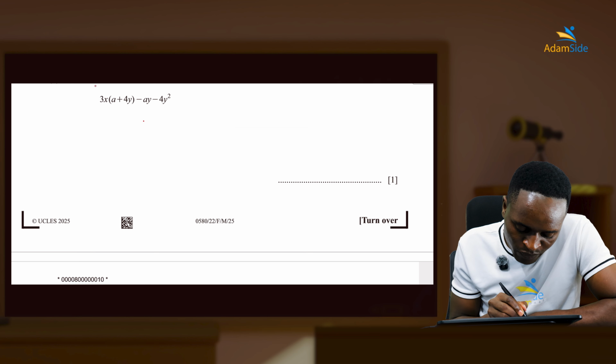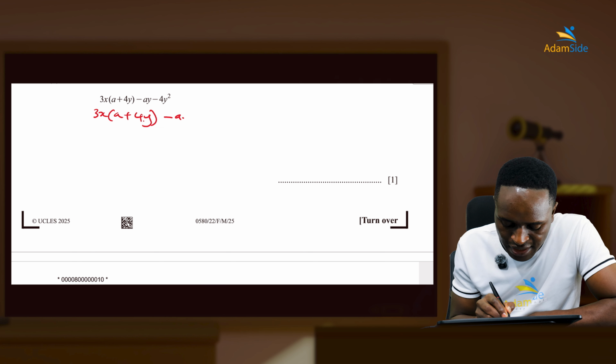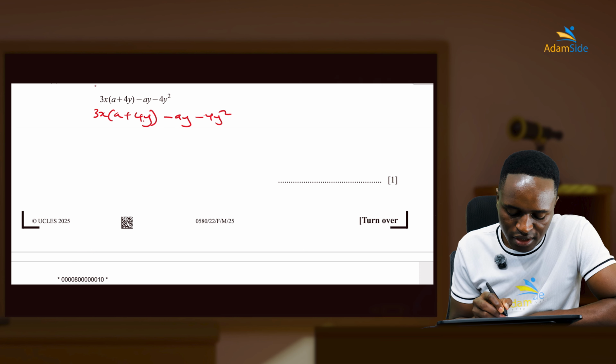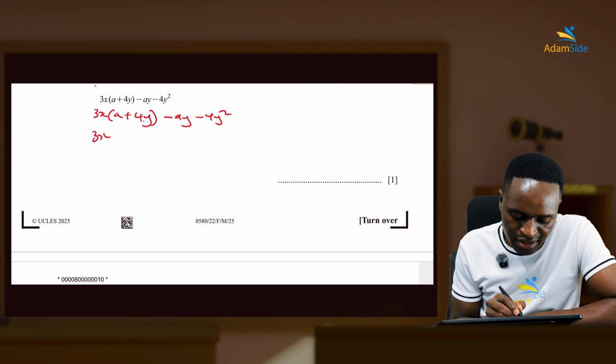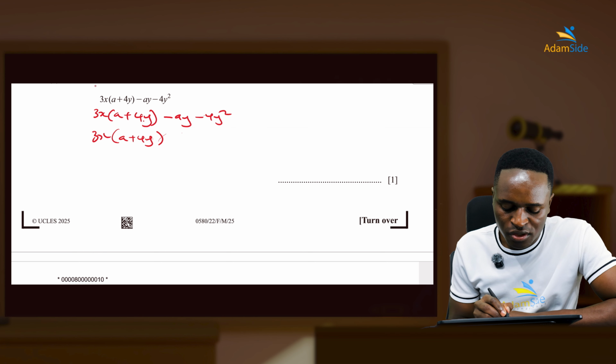So in this case, we leave the first one the same, 3x into a plus 4y, then minus ay minus 4y squared. What do you do in that case? You keep the first one, now factorize the big number here. So we say 3x times a plus 4y. Look for the common factor. What's the common factor here? y is common between the two.